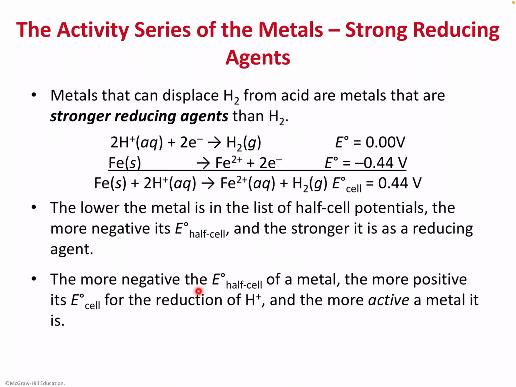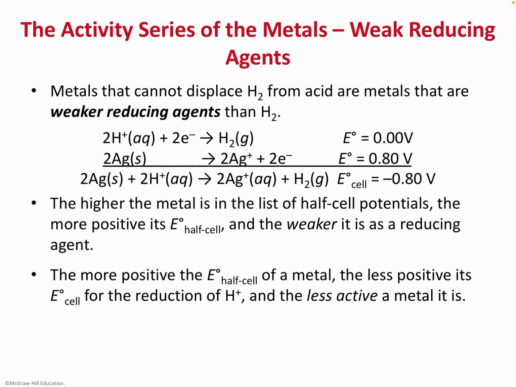The more negative the E naught half cell of a metal, the more positive its E naught cell for the reduction of hydrogen ions, and the more active a metal it is. Weak reducing agents. Metals that cannot displace hydrogen from acid are metals that are weaker reducing agents than hydrogen.